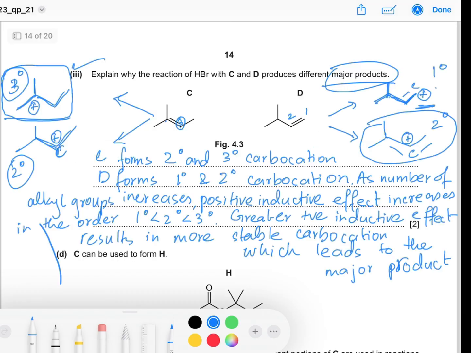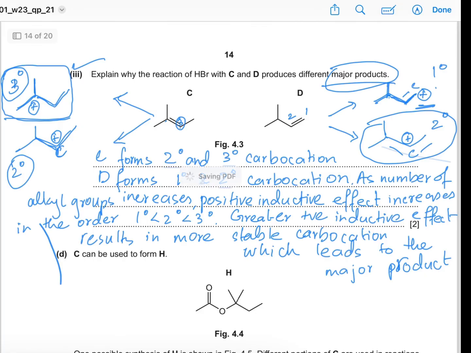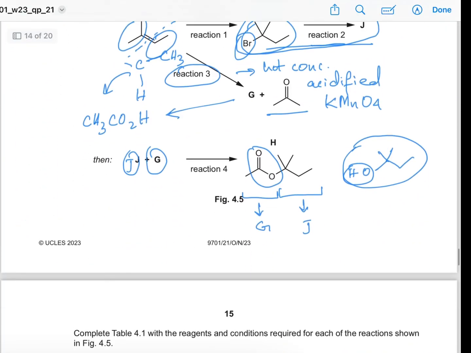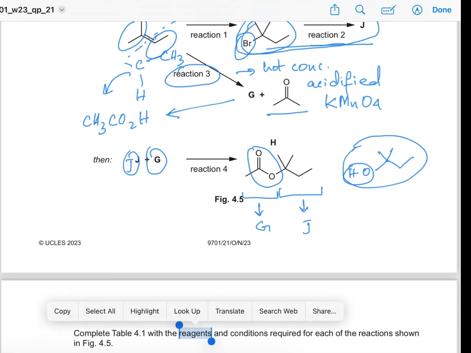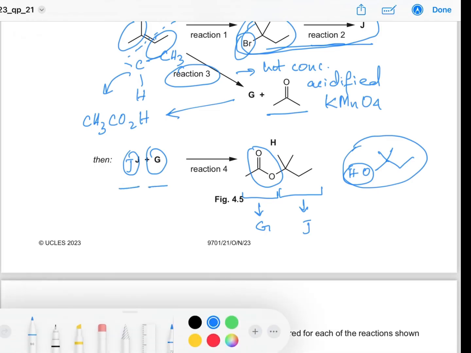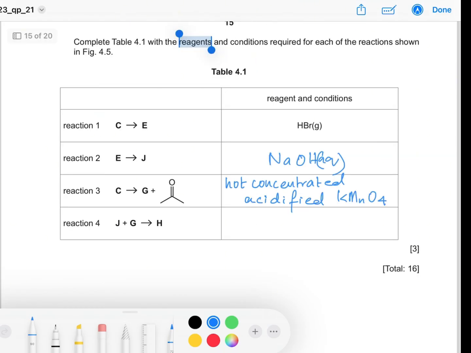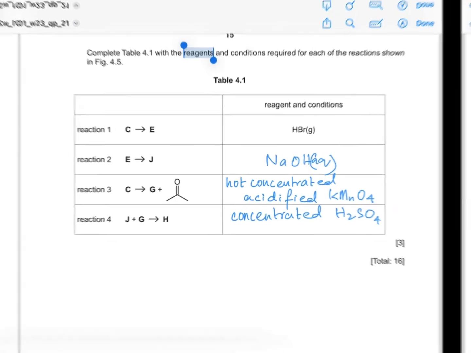As for reaction 4, this is the reaction between an alcohol and an acid to produce an ester. It will be catalyzed by concentrated sulfuric acid. Hot concentrated sulfuric acid.